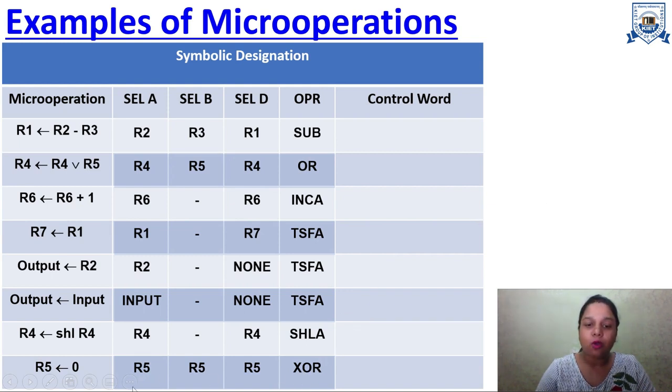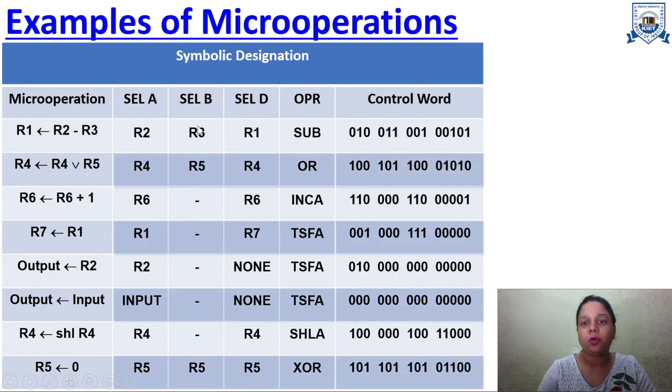So in XOR operation, if both inputs are the same binary digits, the output will always be 0. This is why here both select A and select B will give R5 as inputs and the output will be stored in R5, and if these both registers are XORed, then R5 will store 0.